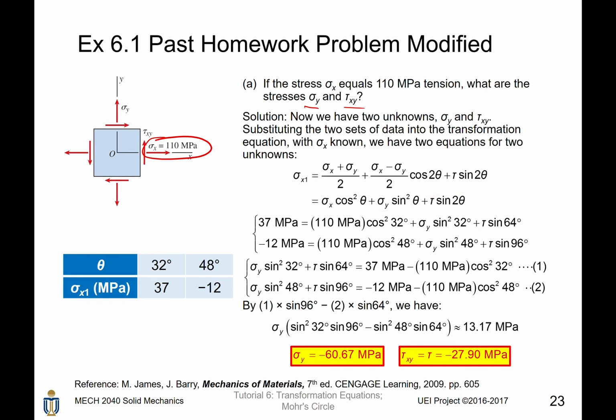Firstly, substitute all that you know into the equation. At 32 degrees, sigma x1 equals 37 and theta equals 32. We also know what sigma x is. Then you can write this equation with unknowns sigma y and tau. Similarly, for the 48 degree inclined case, sigma x1 equals minus 12, sigma x is known, and the angle is 48 times 2.